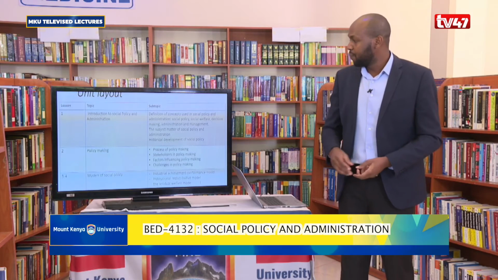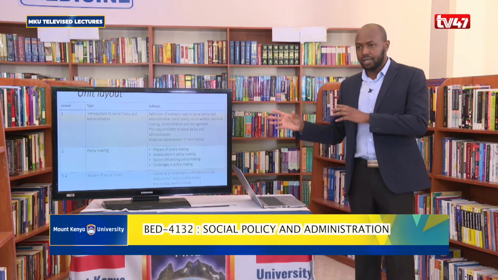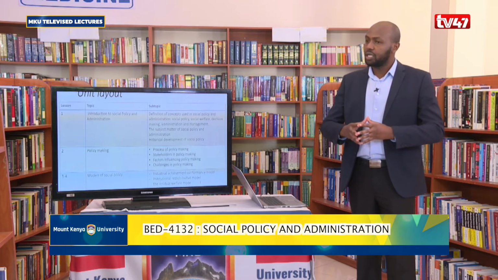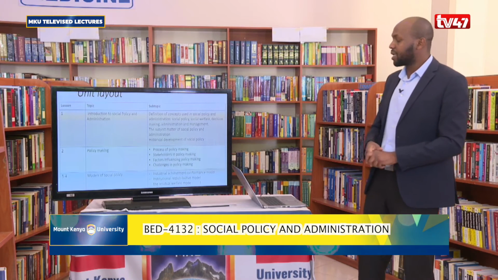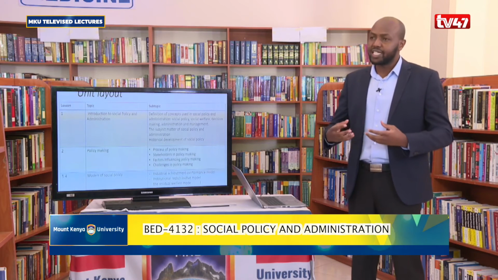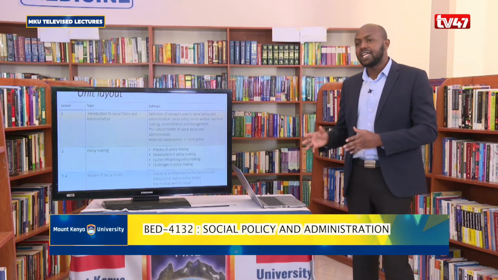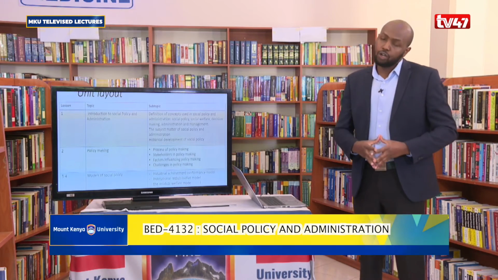But we do have a history of the point at which social policy became a formal legislation that a nation or society can enact and commit itself to follow through.